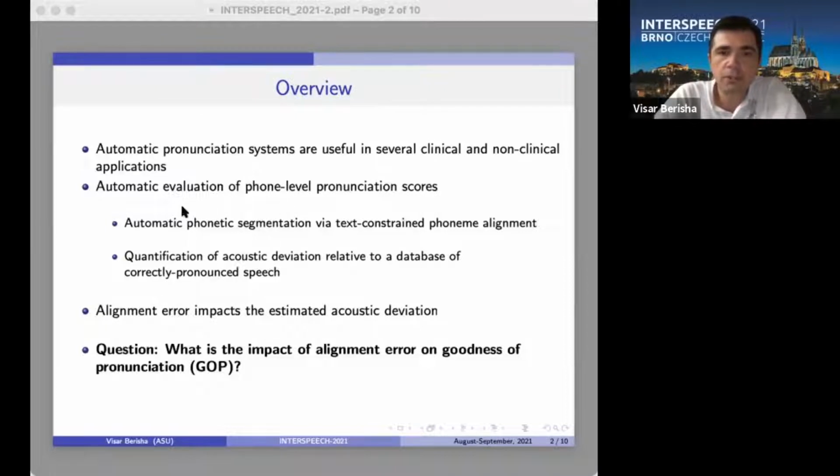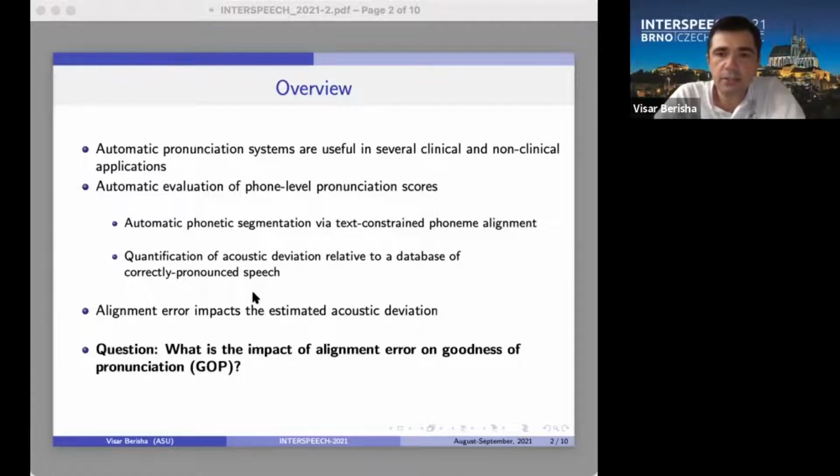Our focus is really on systems that perform phone-level analysis of production. These systems rely on forced alignment. So you do phoneme by phoneme alignment of text to acoustics, and then evaluate each phoneme relative to a database of correctly produced speech.